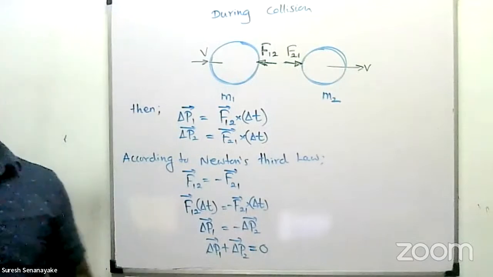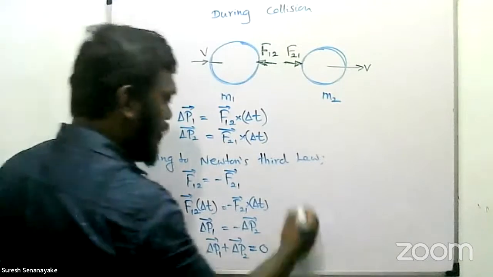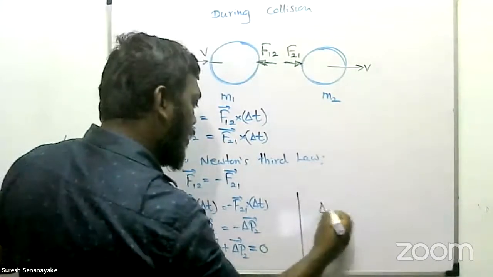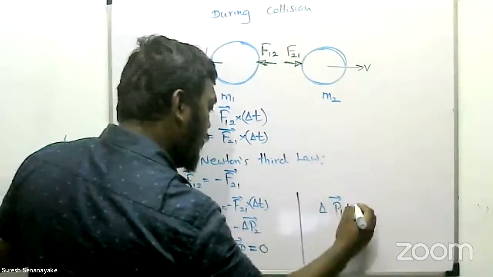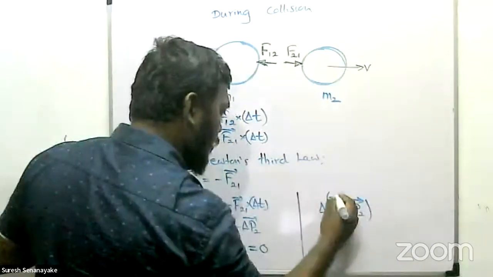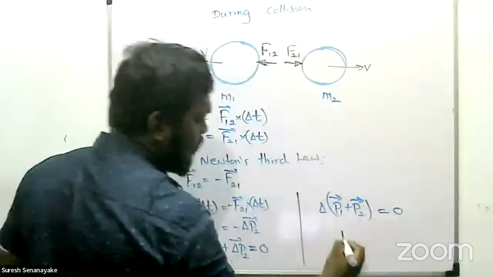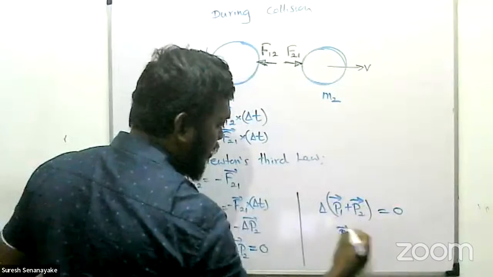If the momentum is not changed, that means the momentum is conserved, right? So delta p1 plus delta p2, the total momentum of both bodies, the change in total momentum is 0. If the change is 0, the total momentum should be constant.